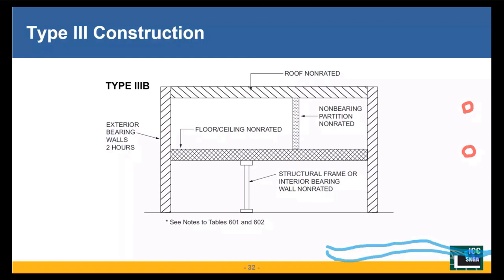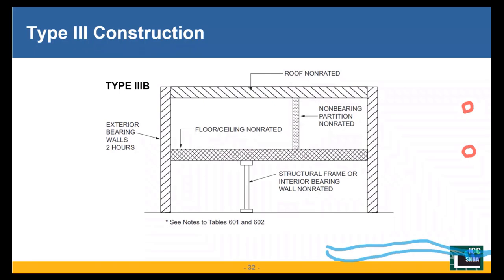So this is type 3B, again, non-rated. So all the elements are non-rated because it's type 3B, except the exterior bearing walls is 2 hours. And when you see this type of provision, it will translate to a different allowable area. If you keep a mental memory of this when we get to the allowable area table, you will see that type 3B has a different allowable area than type 3A, for example, or than type 2B, for example.